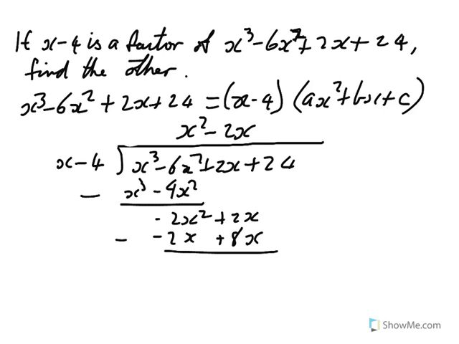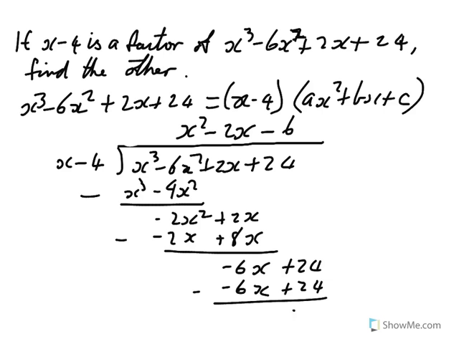Take that away. Minus 6x there plus 24. And minus 6, so minus 6x plus 24. Take that away. We end up with 0. If you're not sure about that division, give me a yell and I'll come and explain further to you. But the polynomial we were after is x squared minus 2x take 6 as being the other factor.